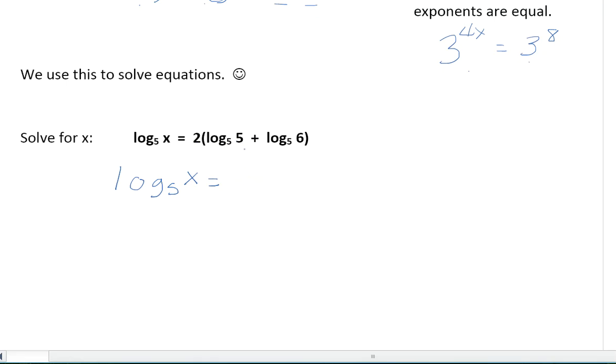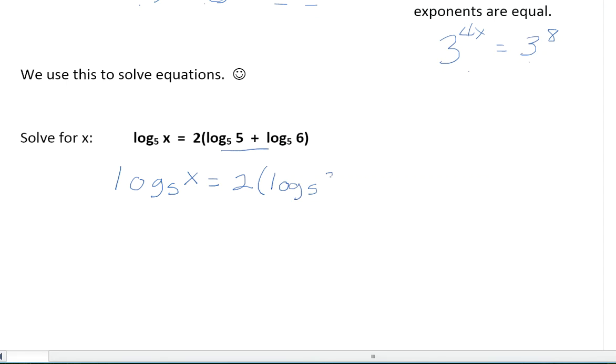Now PEMDAS still applies. I still need to do the part here in parentheses first. So I'm going to leave the 2 alone, and let's combine log base 5 of 5 plus log base 5 of 6. And don't tell me this is log base 5 of 11, because you are not adding. In logs, when you're adding, you're really multiplying them.